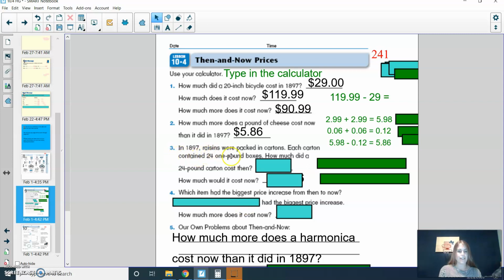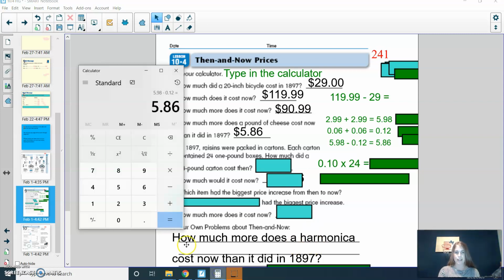In 1897, raisins were packed in cartons. Each carton contained 24 one-pound boxes. How much did a 24-pound carton cost then? Now, if they were 10 cents for 1 pound, I'm going to multiply that times 24.